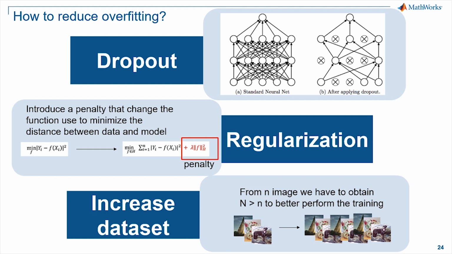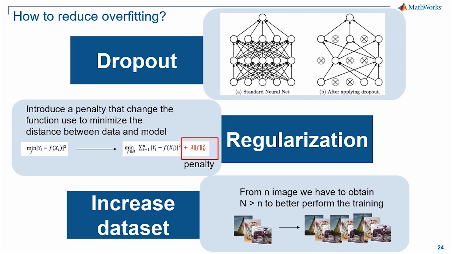The second one is the regularization. That is a technique that allows us to put inside our mathematical equation a penalty, so something that reduces the value of our function if it diverges from the one that we are doing with the training data.